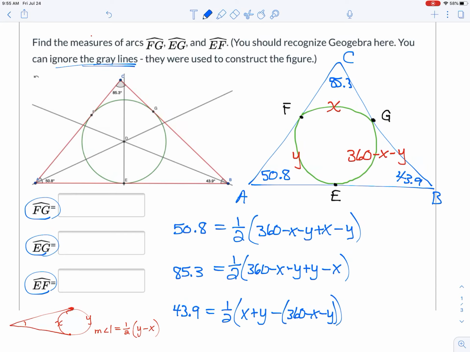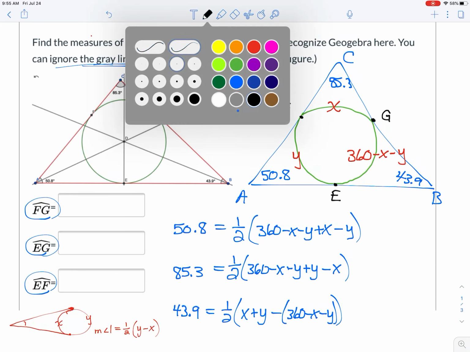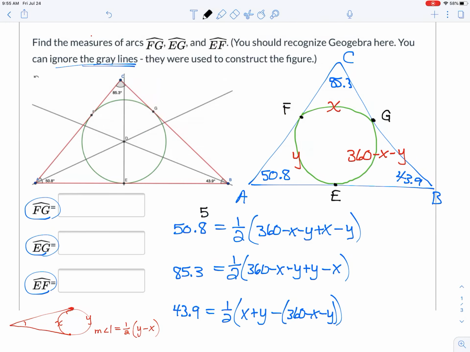Now let's clean this up a bit. Let's see, I'll change the color here and say 50.8 equals 1/2. Now the algebra in here, I've got a minus x and a plus x and a minus y and a minus y. So that's 1/2 of 360 minus 2y. Going to stop there and go to the next one. 85.3 equals 1/2 of 360 minus x, and a minus y and a plus y.